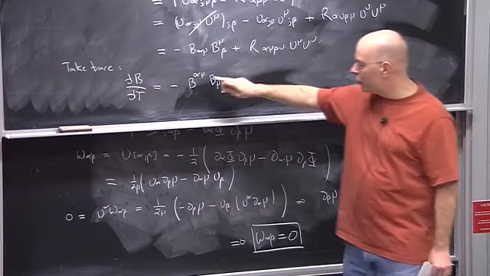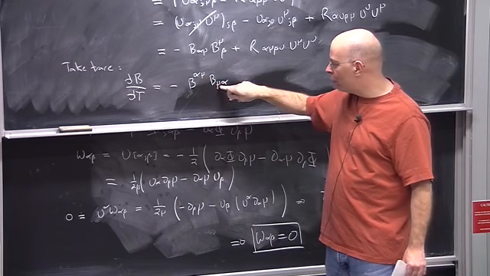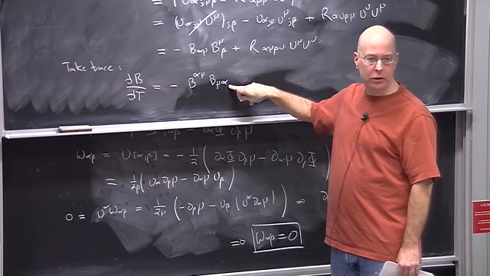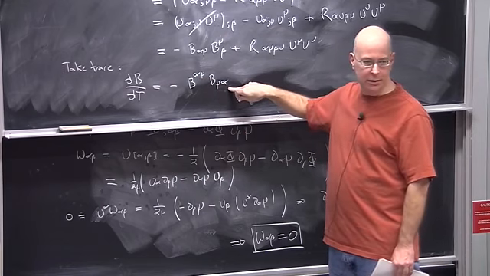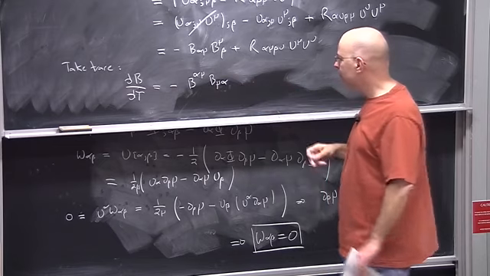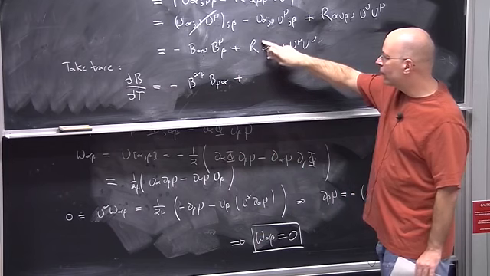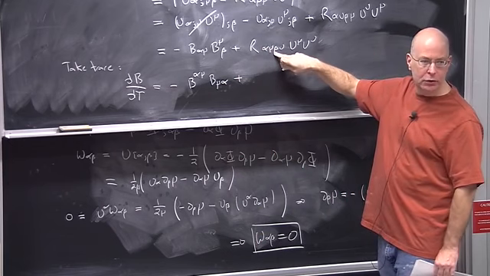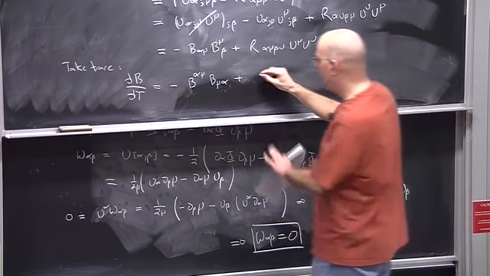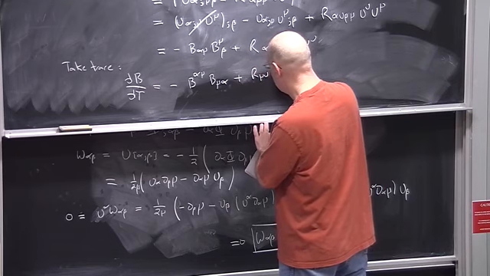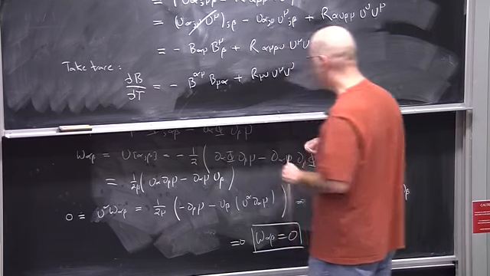And here it's important to notice that here we have alpha mu, here we have mu alpha after taking the trace, so it's not the same ordering in each term. And then taking the trace of the Riemann tensor gives me the Ricci tensor, and we get the Ricci tensor multiplied by u mu and u nu.